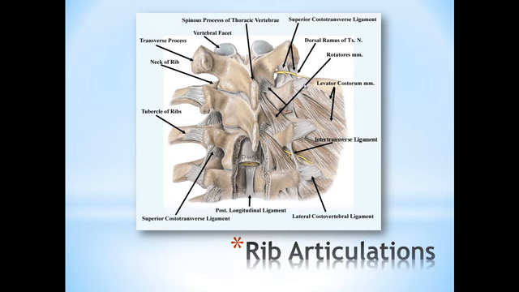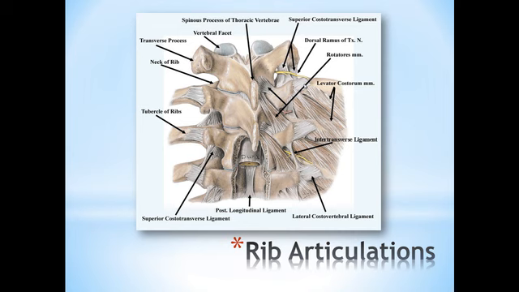And when I look at the costosternal joints, which are formed by the articulations of the costal cartilage and ribs 1 through 7 anteriorly with the sternum, rib 1 is attached to the lateral facet of the manubrium, and rib 2 is attached via the 2 demifacets of the manubriosternal junction, and 3 through 7 articulate directly with the lateral facets of the sternal body.